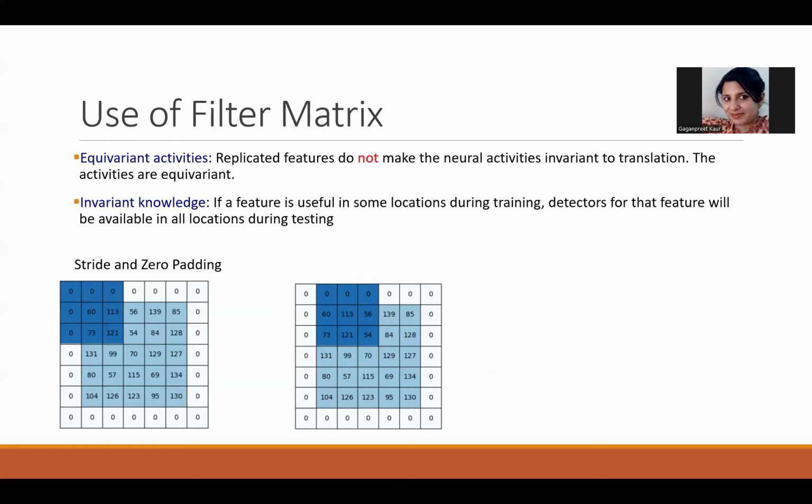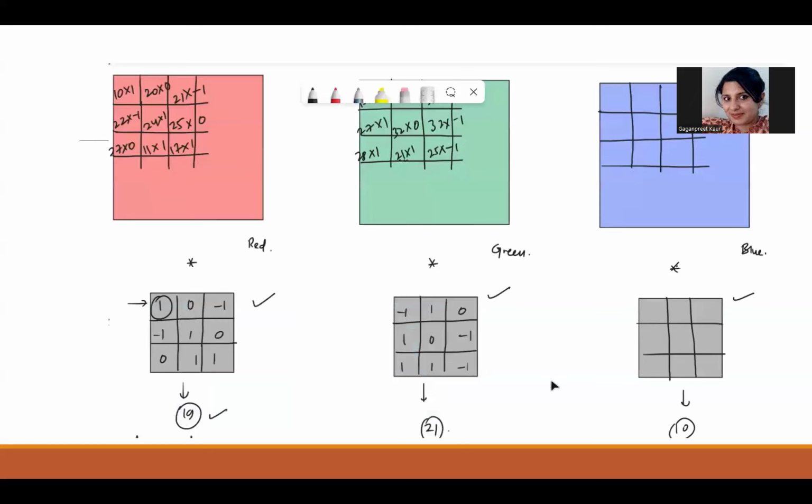When we come to the stride and zero padding, first understand the case of 3 dimensions, that is RGB. If it is 3 dimensions, I apply the same kernel filter across red, green and blue, and from all three a feature matrix comes, which I sum up to get the value. Let's say 19 is the value I'm getting here, 21 here, 10 here.